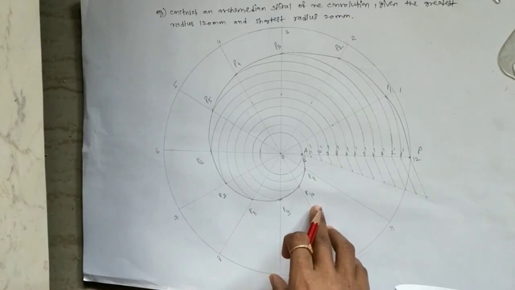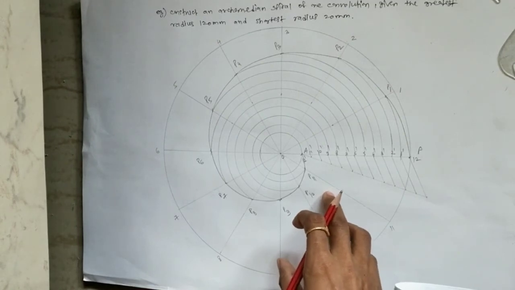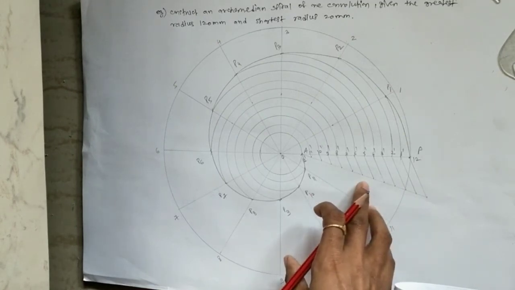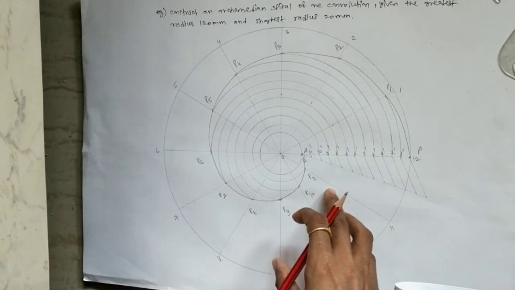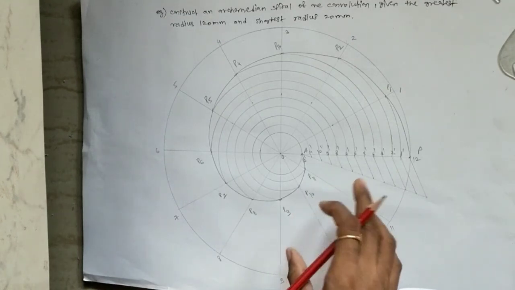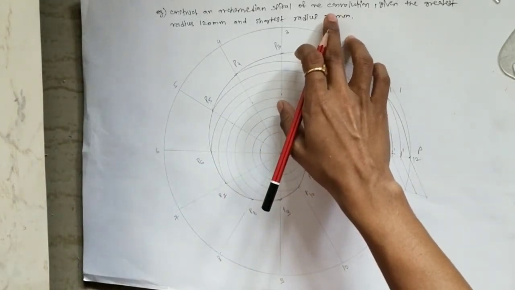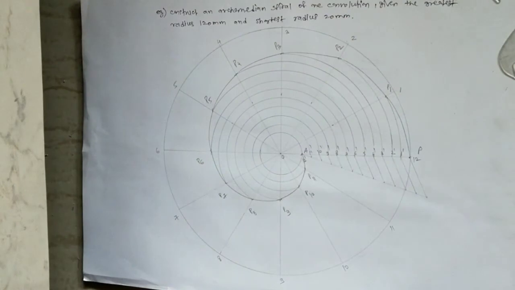The point about which the line rotates is called a pole. Each complete revolution of the curve is termed as convolution. So we have drawn Archimedean spiral for one revolution or one convolution.